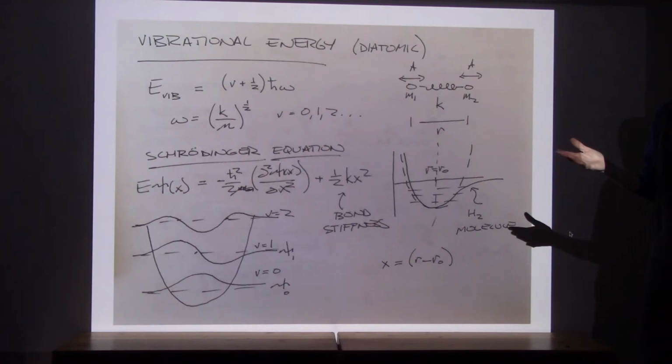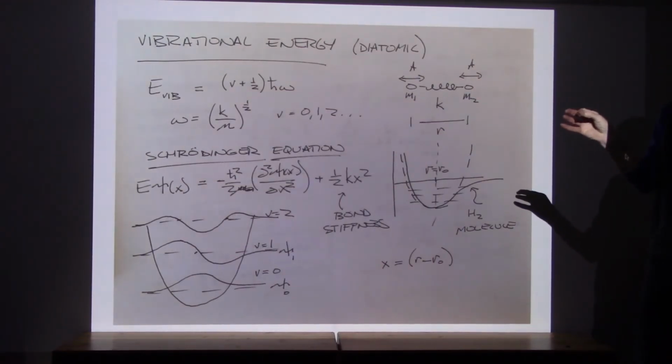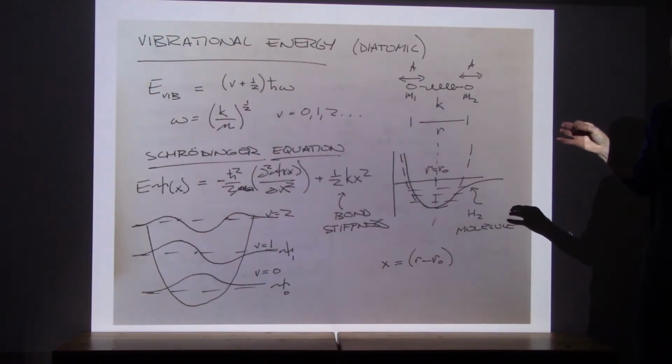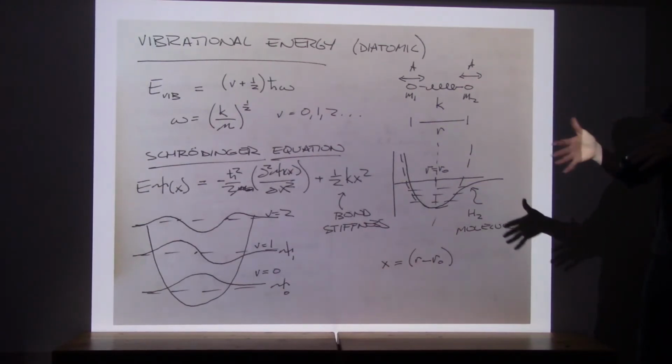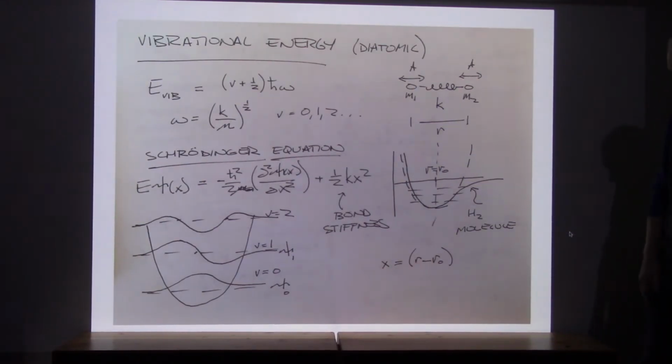Now, if the k value is really high, then the amplitudes of vibration are really small. There's not much amplitude of vibration allowed. If the k value is really small, then you can have larger amplitudes of vibration.